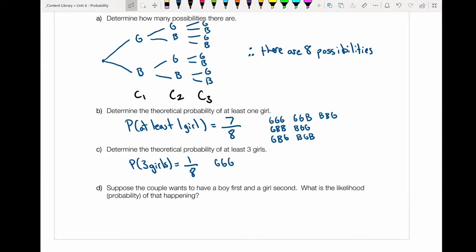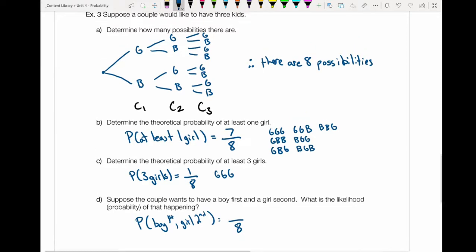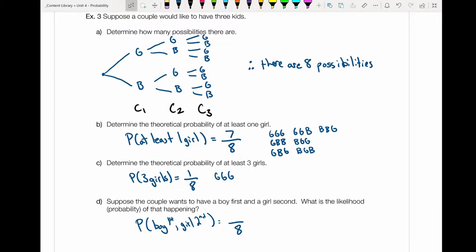And finally, suppose the couple wants to have a boy first and a girl second. What is the probability of that happening? We know the total is going to be 8. How many scenarios are there when we have a boy first and a girl second?